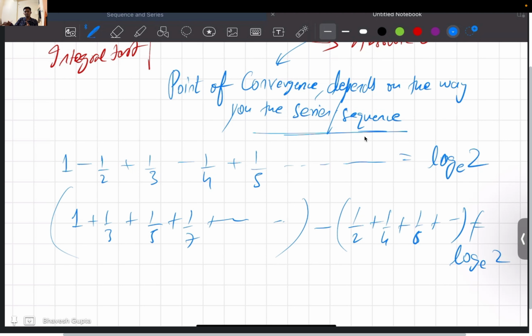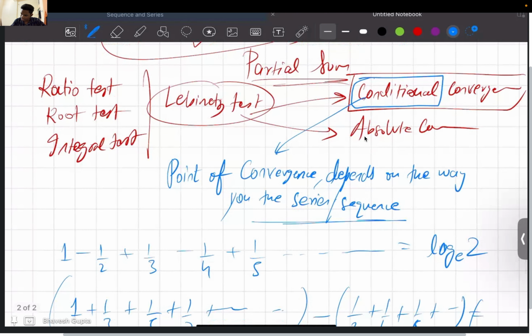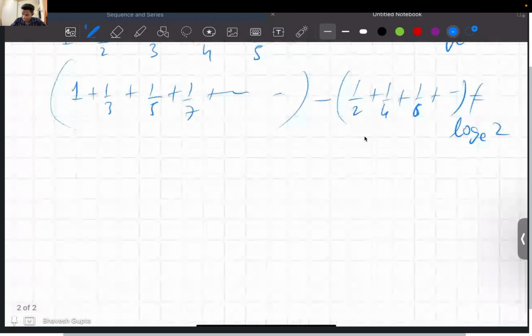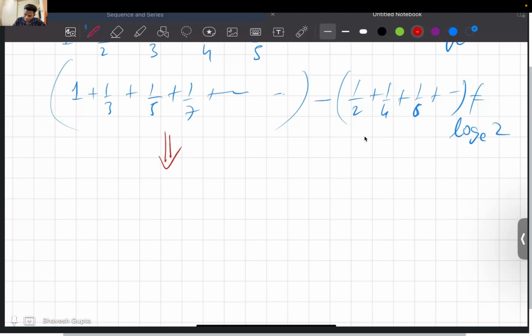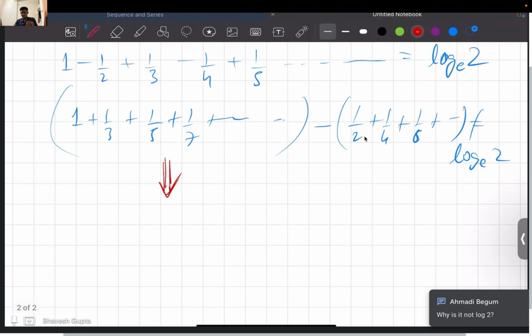So the point of convergence depends on the rearrangement of the terms you do. You can check them. And these conditionally convergent series are the favorite of all these crazy things. The thing is, why is it not log 2? Because you can do the analysis.